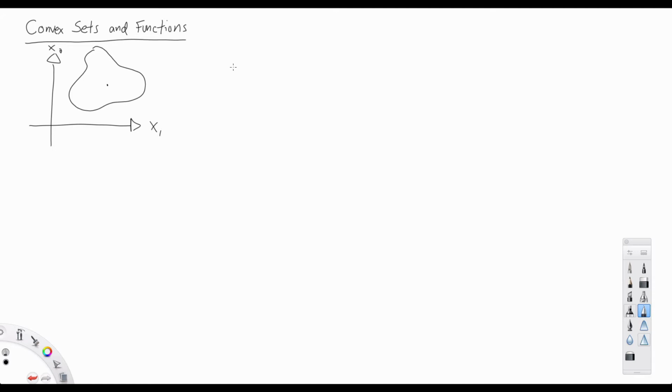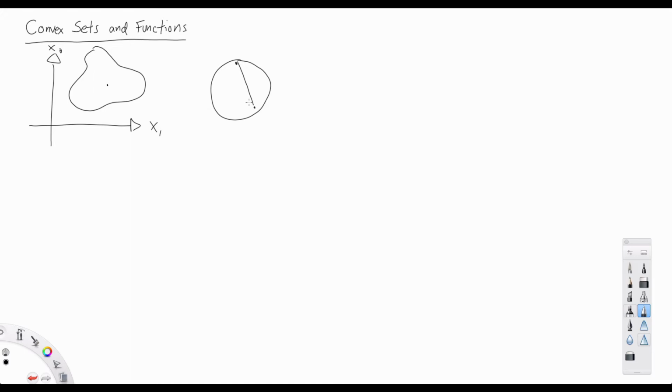For example, if I have a set of points that looks like this, and if I were to identify any 2 points that are within this set and then draw a line in between those points, if that line always stays in that set, then I can say that this set is a convex set.